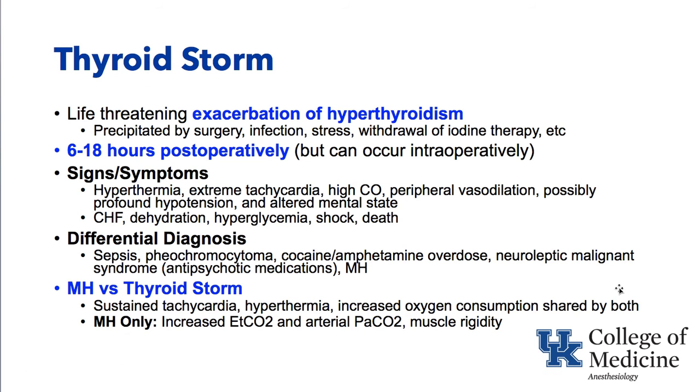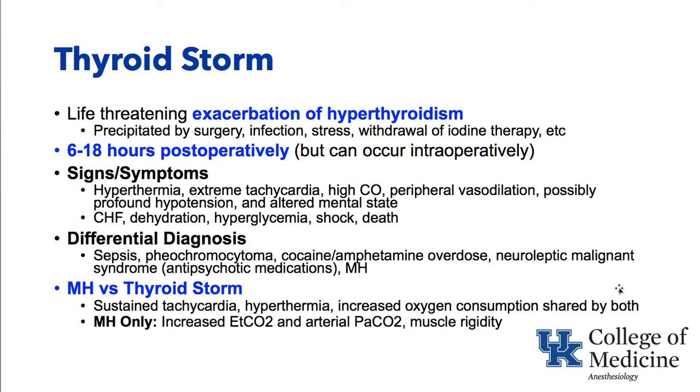Thyroid storm is a life-threatening exacerbation of hyperthyroidism. It can be precipitated by surgery or infections or stress or withdrawal of iodine therapy. It often occurs in the first day, even in the first 6 to 18 hours postoperatively.